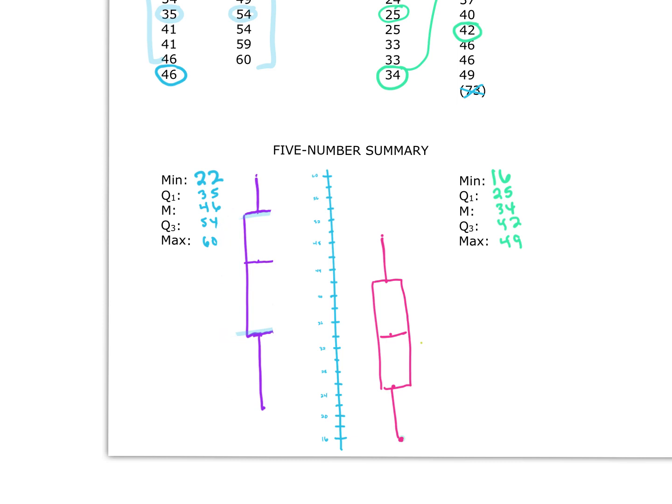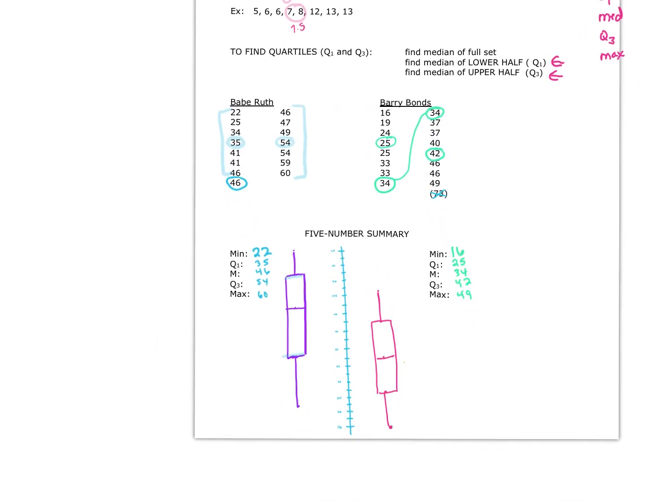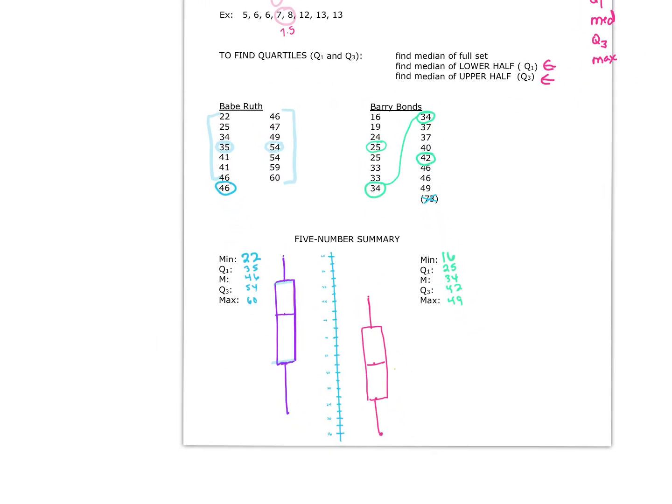All right, I want to hear some observations from you all. Make some comparisons between those two sets of data, between Babe Ruth's home runs and Barry Bonds's. What do you think? It's higher. What's higher?